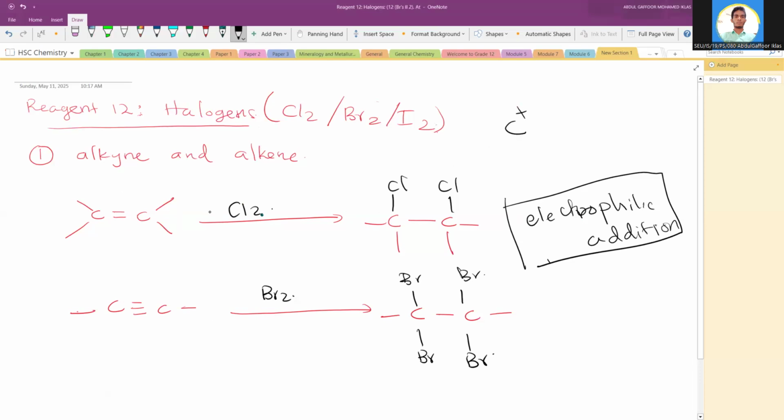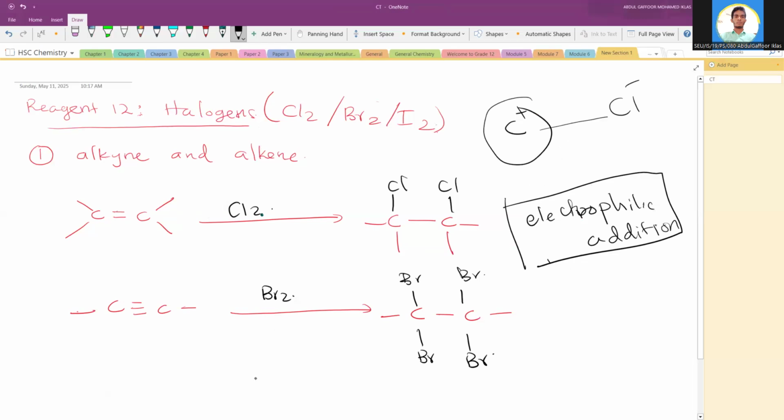If we draw the mechanism, first this pi bond will break and the electrons will be given to chlorine. This is how the chlorine is added. To the carbocation, we add Cl minus, so a bond forms between carbon and Cl minus. So this is called electrophilic addition.